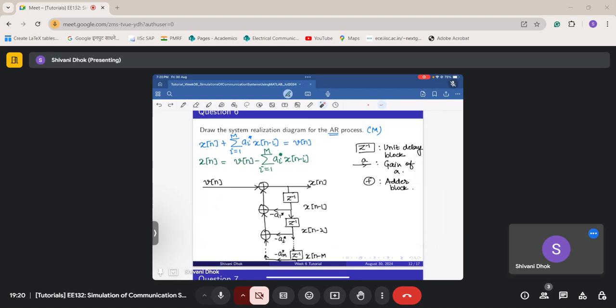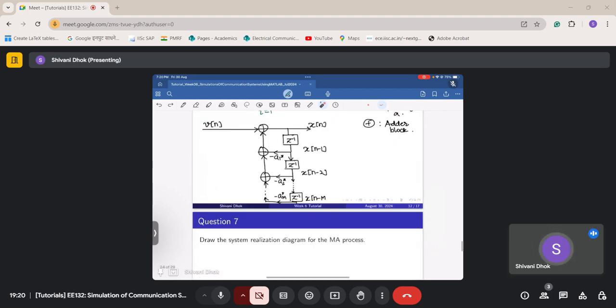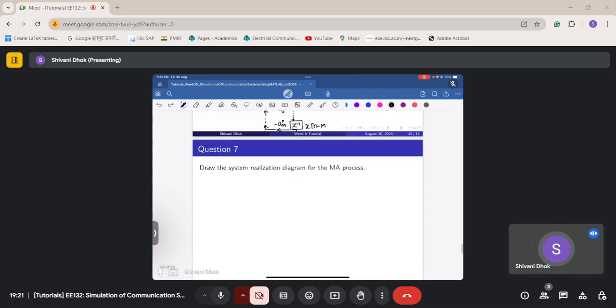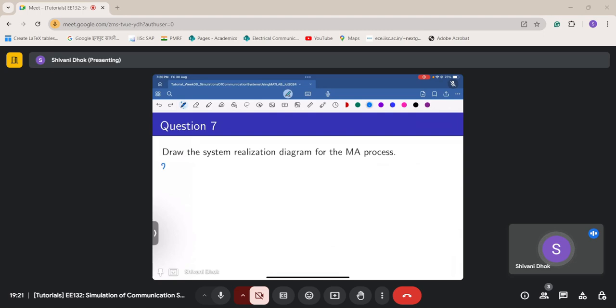Okay. Now similarly, let us repeat this same process for another thing, that is your MA process or moving average process. So for a moving average process, our output x of n was given as v of n plus summation l running from 1 to K, b_l conjugate into v of n minus l.